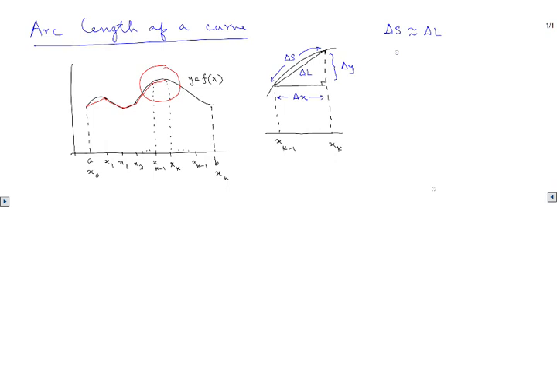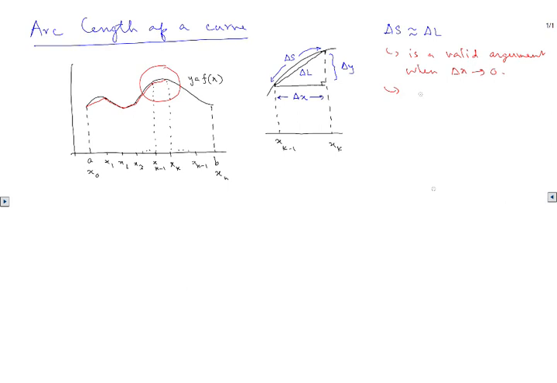This is a valid argument when delta x is small, that means when delta x goes to 0. To do that, we're going to consider a lot of cuts.